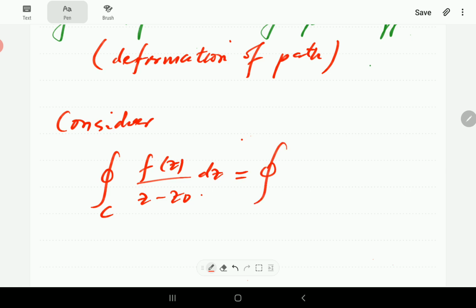This must be equal to another contour which we're going to name gamma.